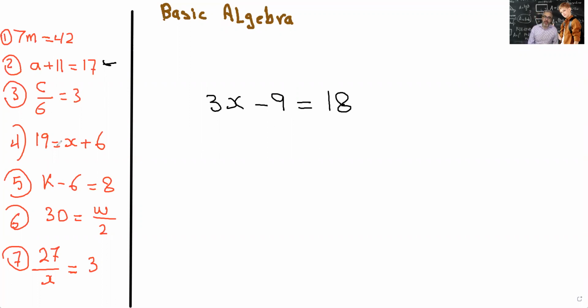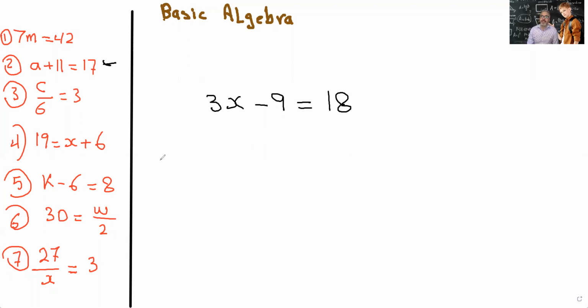Here, a lot of students will see what the answer is right away without going through the algebra. Here, it needs a lot of thinking, and that's why we use the algebra tools.